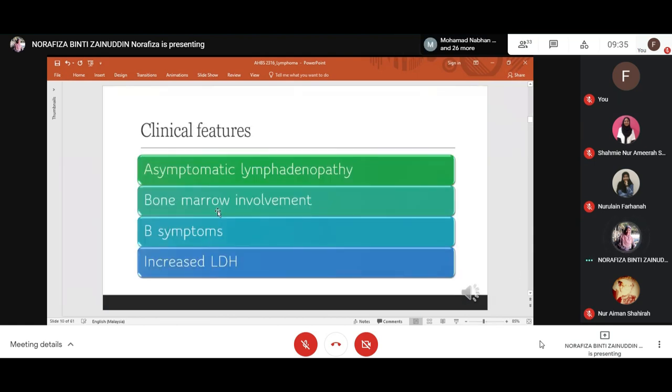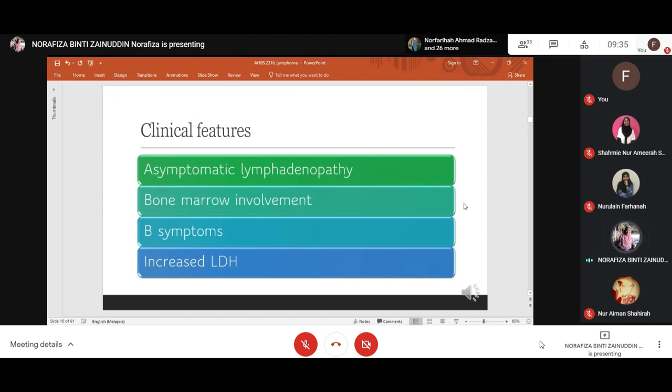Right, these are the clinical features of follicular lymphoma. Patients with follicular lymphoma generally present with asymptomatic lymphadenopathy. Bone marrow involvement is present in 70% of patients, whereas involvement of other normal organs is uncommon.